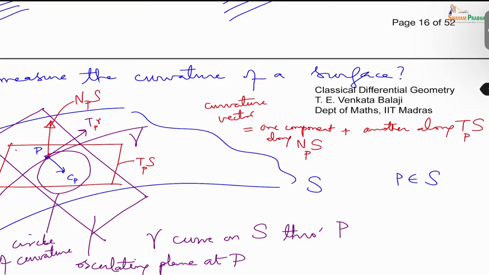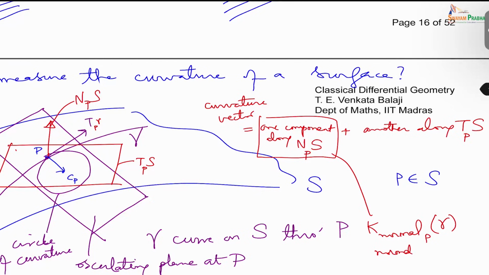So this component along the normal is given a name. This is what is called the normal curvature, K normal. This is called the K normal of gamma at the point P, and it's called the normal curvature. Okay, and this other vector, which is going along the tangent plane.